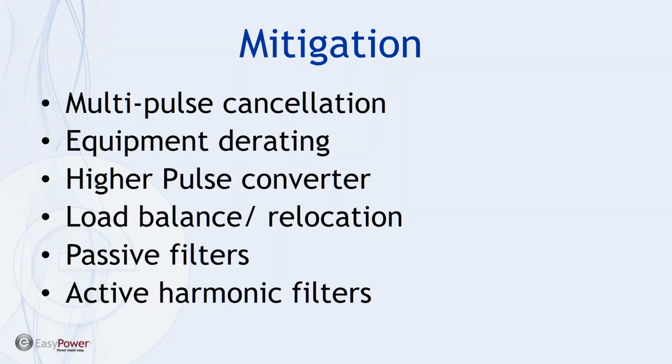You can relocate, surprisingly, because a lot of this resonance is due to physical cabling and physical location of certain pieces of equipment. Sometimes load balancing or even relocating certain feeders can solve harmonic problems. And then ultimately getting to passive filters or active filters can be the recommended solution.